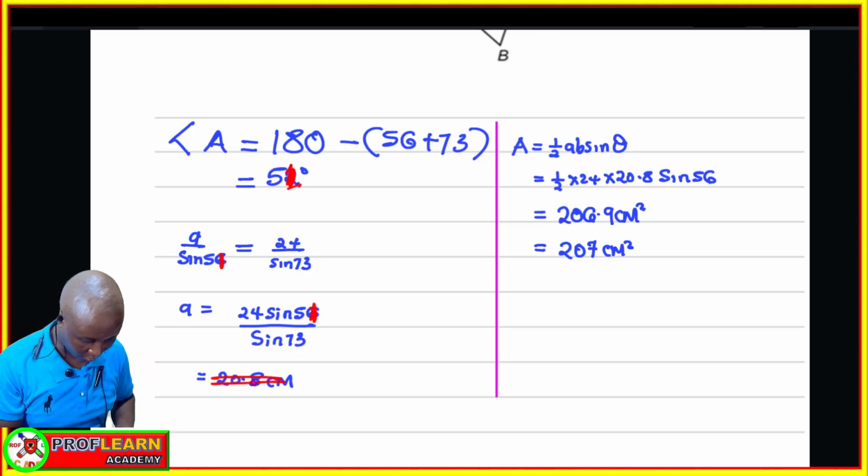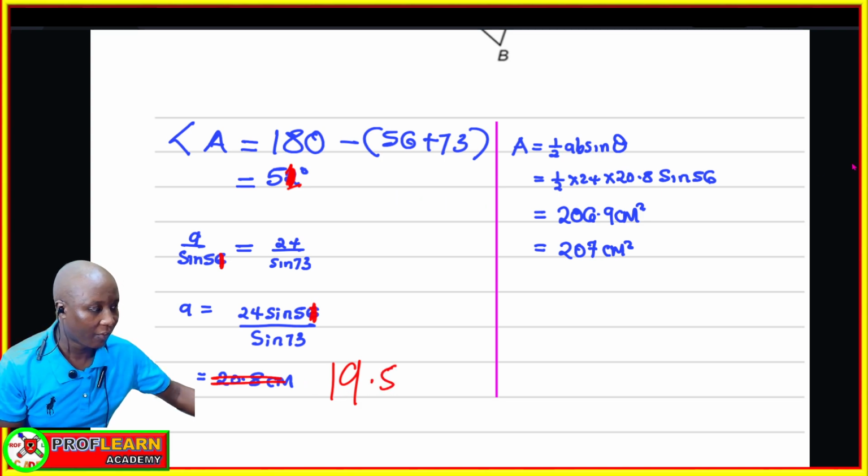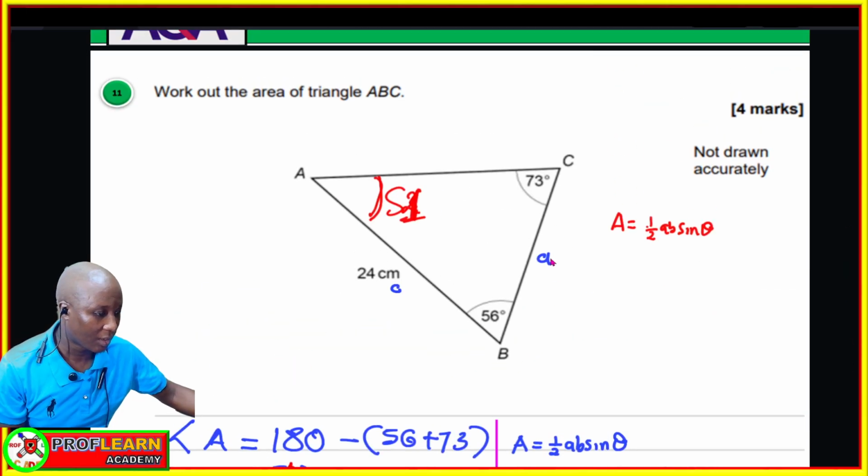I say 24 times sine 51 divided by sine 73, which is going to translate to 19.5.